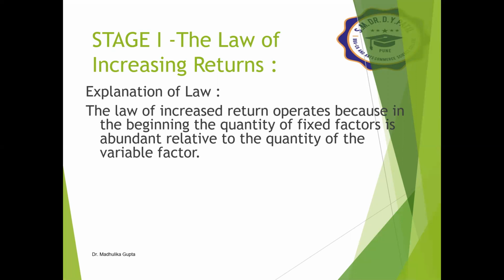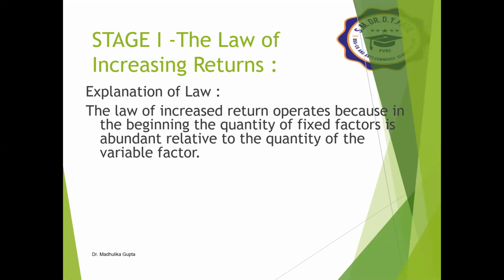Now I'll explain this with the help of an example, so you understand it more thoroughly. Assume that a machine can be efficiently operated when 4 persons are working on it, and in the beginning we are operating it with only 3 persons. Production is bound to increase when the fourth person is also put to work on that machine, since the machine will now be utilized to its optimum.